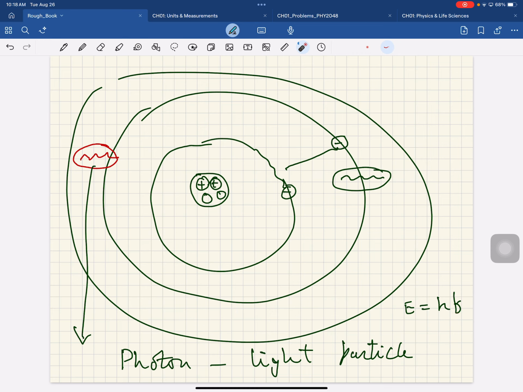Blue light has more energy than red light. So the frequency of blue light is higher than the frequency of red light. UV light has more energy than infrared light. X-rays have more energy than visible light. Okay, you guys understanding this? Yeah.